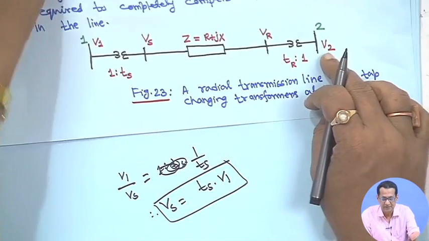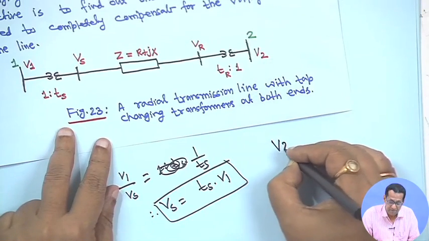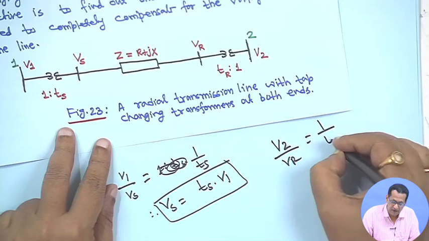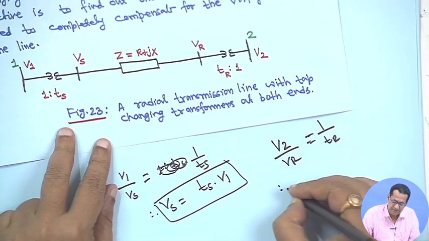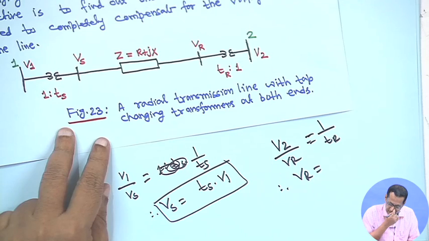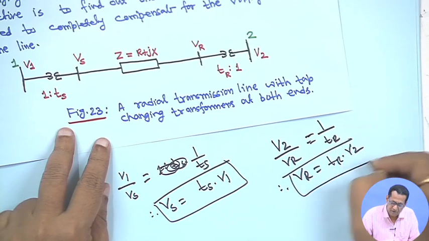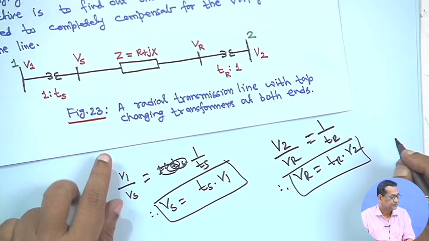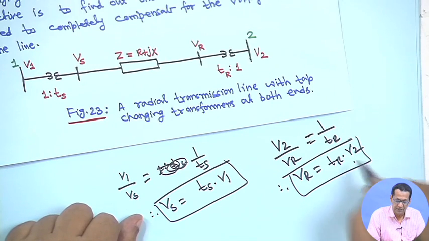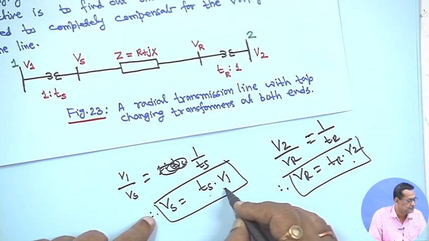Similarly, if you come to the receiving end side, it will be V2 by Vr is equal to 1 by Tr, that means Vr is equal to Tr into V2. So, one is Vr is equal to Tr into V2 and another is Vs is equal to Ts into V1.